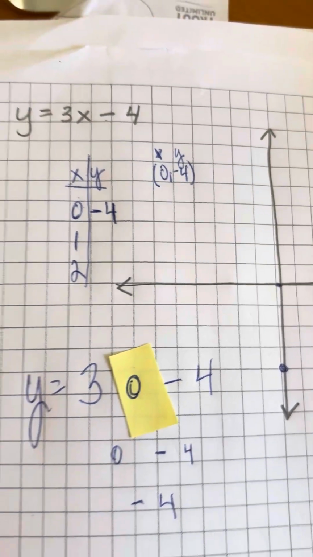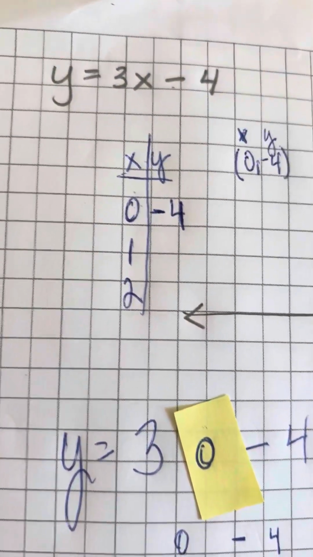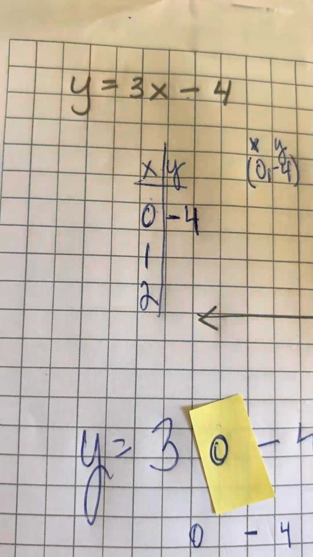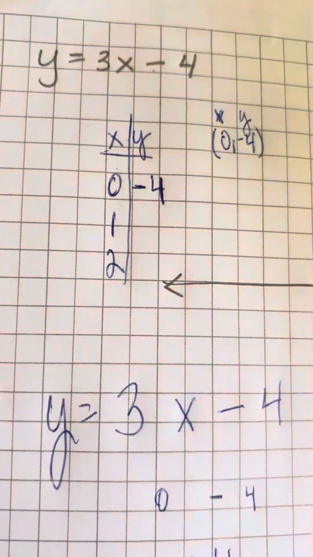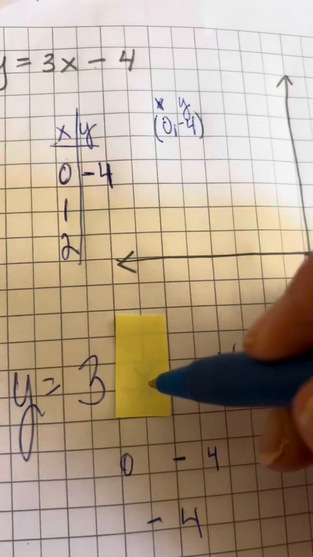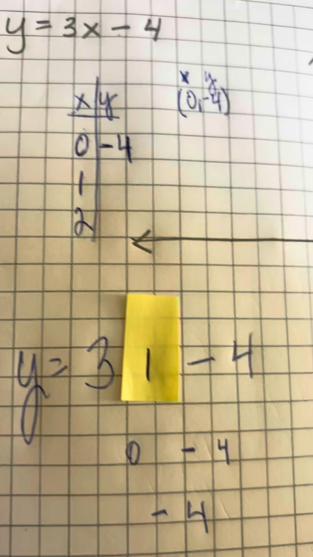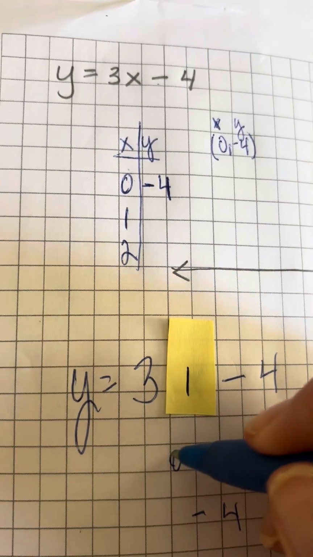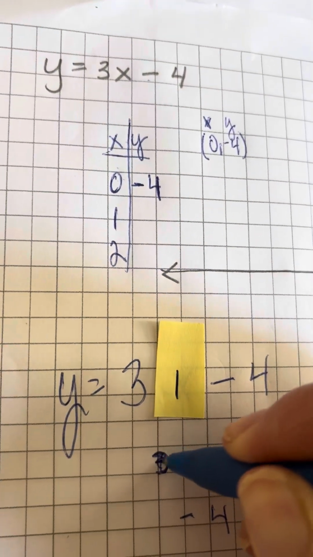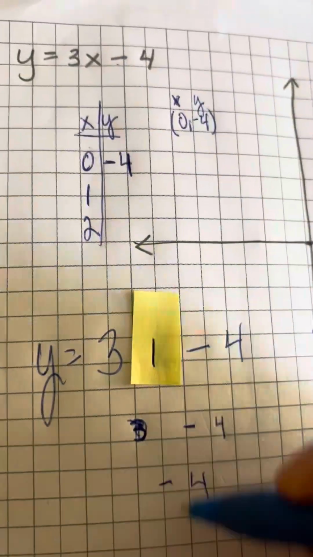Now, I randomly chose 1 because I thought it was a small number and it was going to be easy. So I go to that equation, and where it was a 0 before, this time I put in a 1. So now I have 3 times 1, which is 3, minus 4.